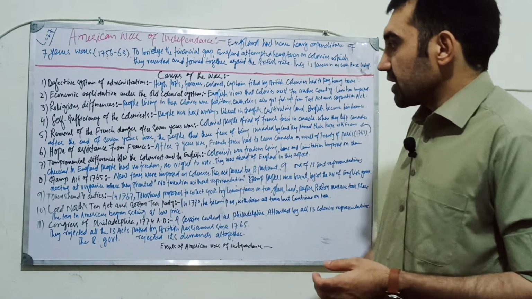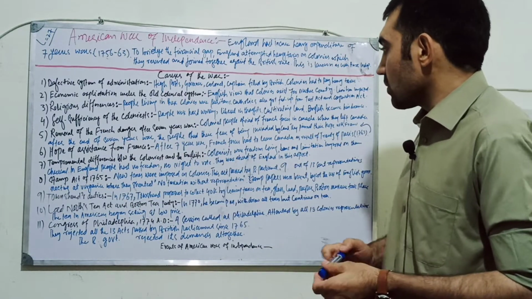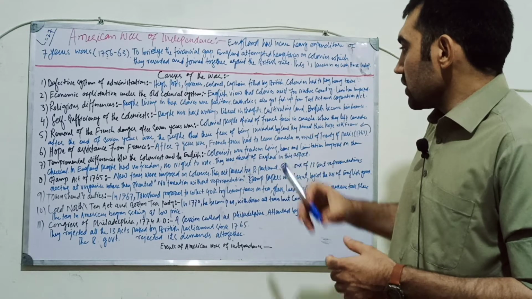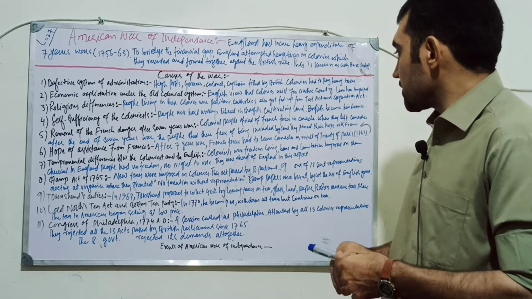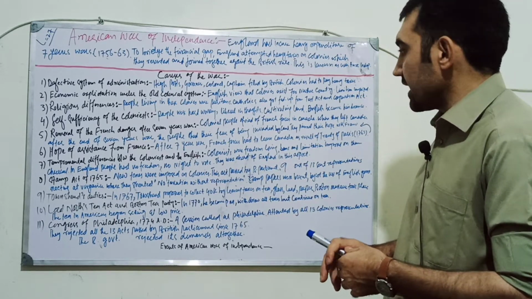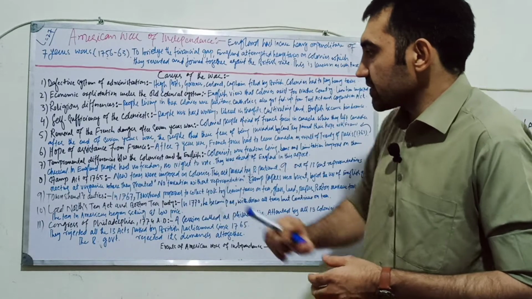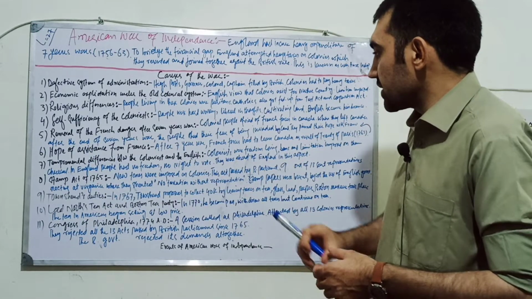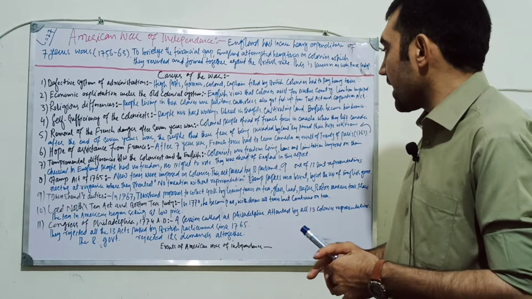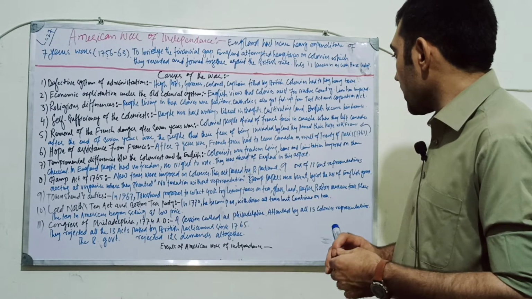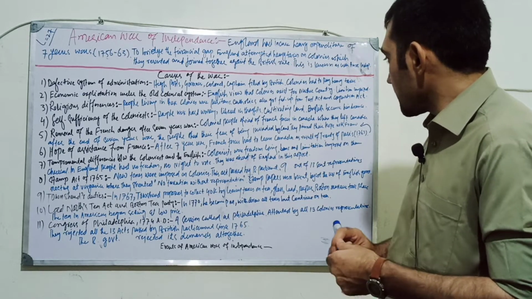Removal of the French danger after the 7 years war. Colonial people were afraid of French forces in Canada. When the French left Canada after the end of the 7 years war, the people shed their fear of being invaded by Canada, and they found their hope with France.